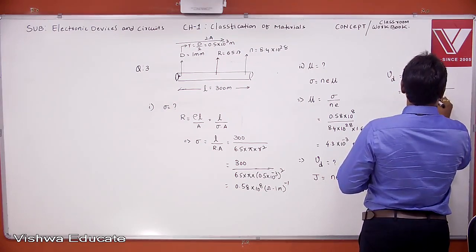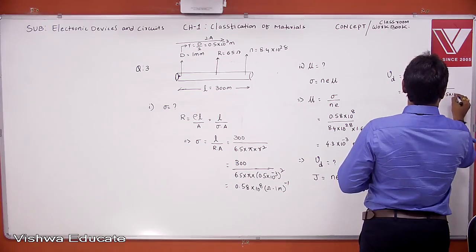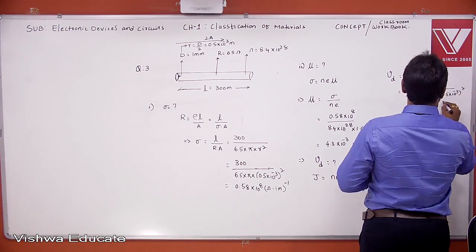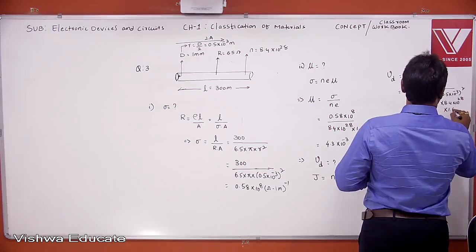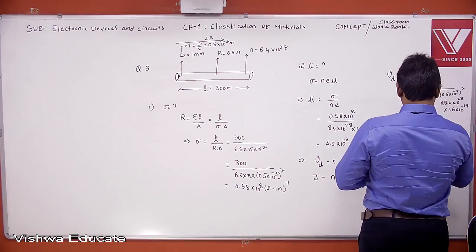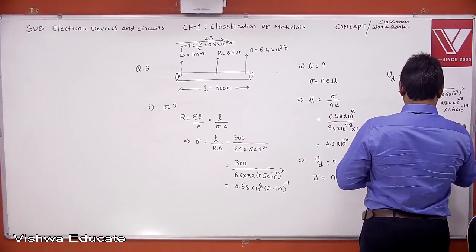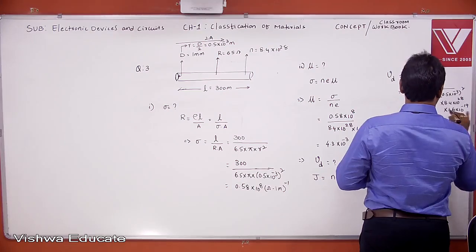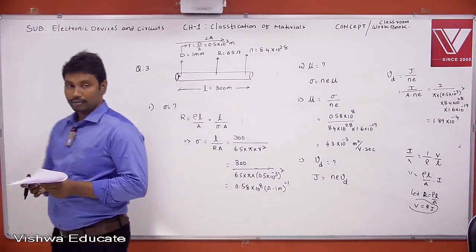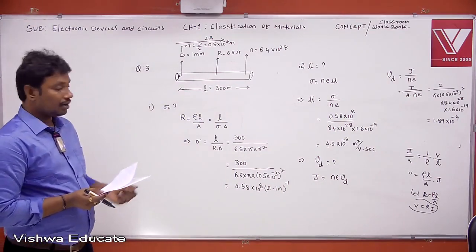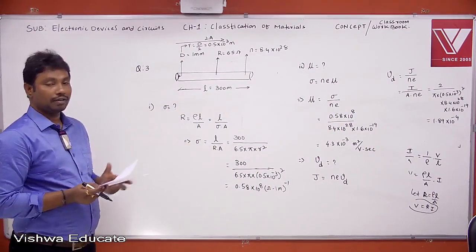Area is pi into R square, that is 0.5 into 10 to the power of minus 3 whole square, into concentration 8.4 into 10 to the power of 28 into charge of electron 1.6 into 10 power minus 19. The value is 1.89 into 10 to the power of minus 4. This is the conductivity, mobility and drift velocity, right?